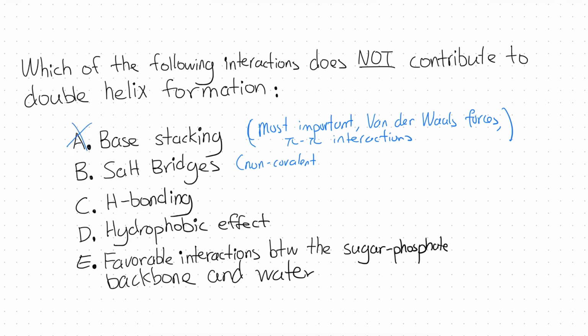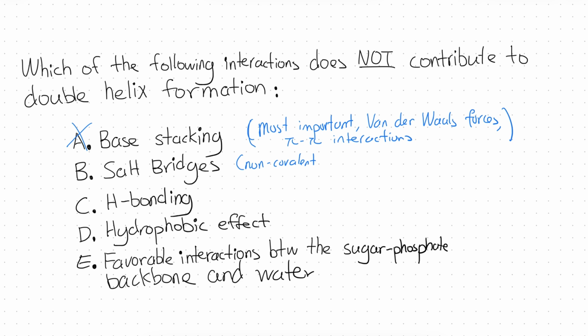It combines electrostatic attraction, that's very important, so that's ionic interaction, and it's also mixed with hydrogen bonding. It typically occurs between positively and negatively charged amino acid side chains in proteins. And it is non-covalent.